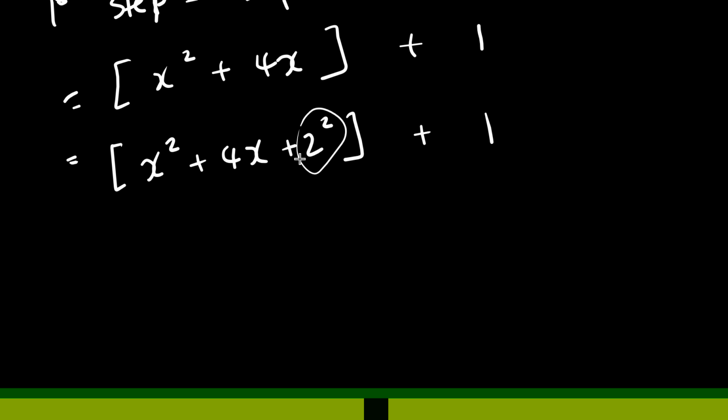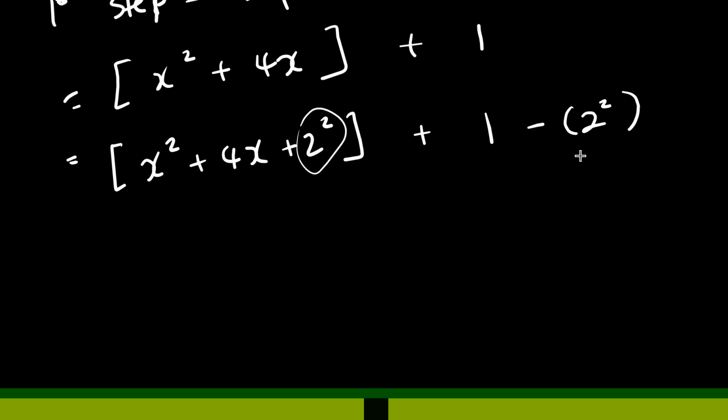If I add this here and subtract it here, I really haven't done anything. It's one of those things that we tend to do in math. I can, within the brackets, add this term and subtract it outside the brackets, and I haven't changed the value.